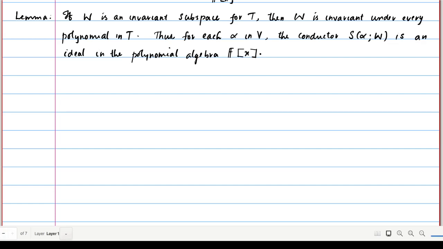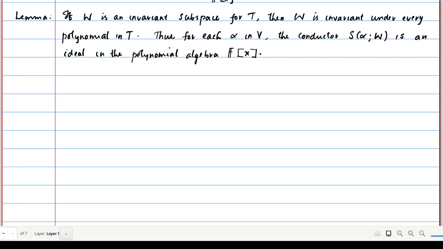Now we will prove this lemma. If W is an invariant subspace for T, then W is invariant under every polynomial in T. Not only this T, if you take any polynomial in T, then W is also an invariant subspace of the linear operator corresponding to that polynomial.